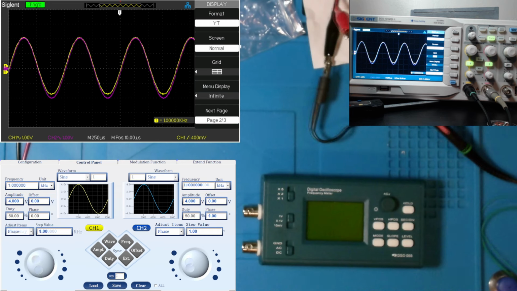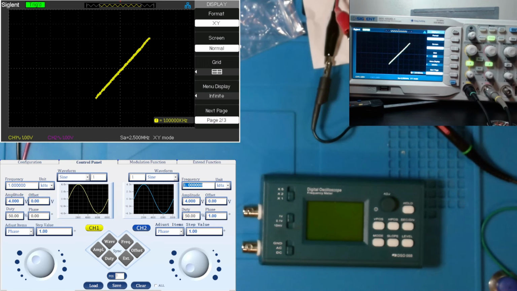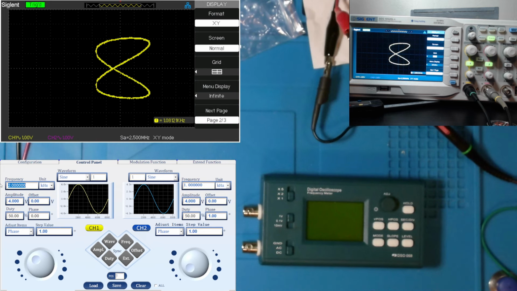Oh, something else I forgot to show just for gee whiz before moving on to component testing. We saw as we changed the phase of channel 2, what happens if we change the frequency? Let's go back to XY mode, and I want to change the frequency of input channel 1, let's change it to 2 kHz. And look what we have.